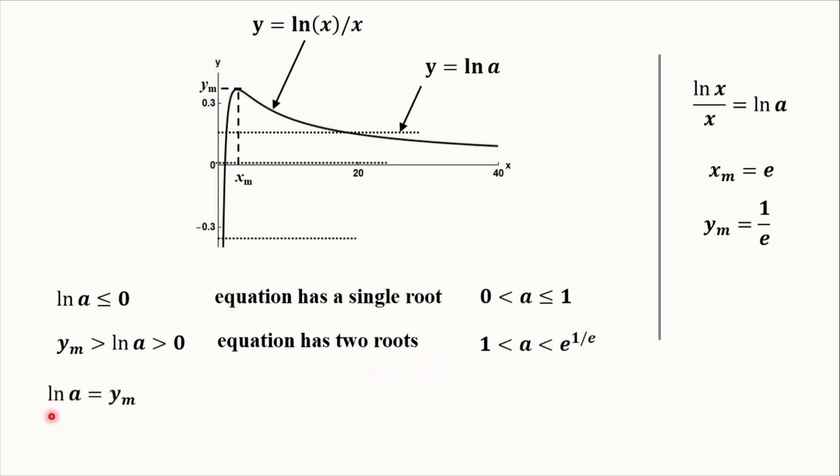Now we consider the point ym. The horizontal line is tangent to the curve of our function. There is only one point of intersection, so there is a single root, and a here is equal to e to the power 1 over e.